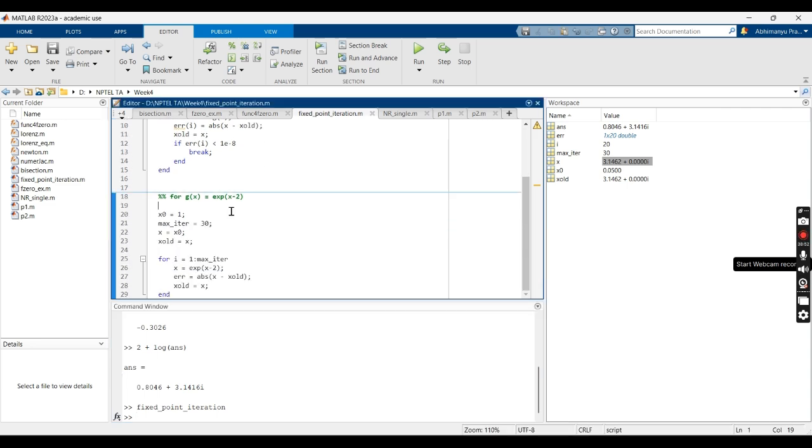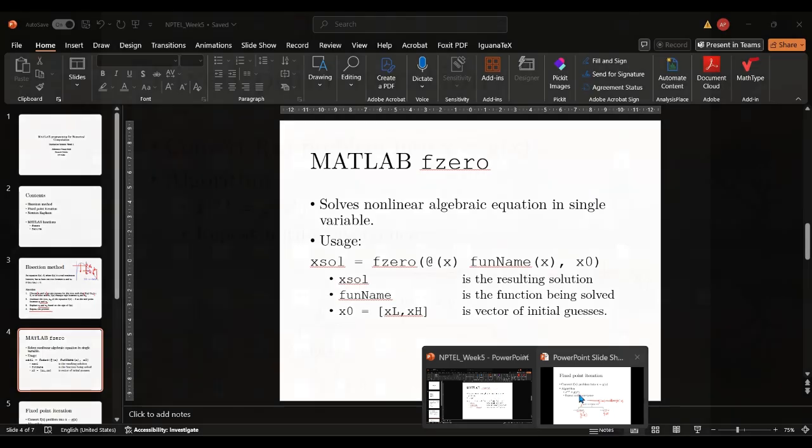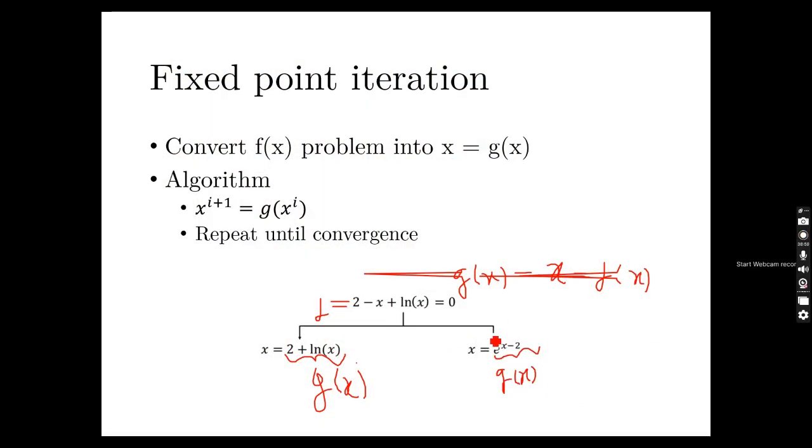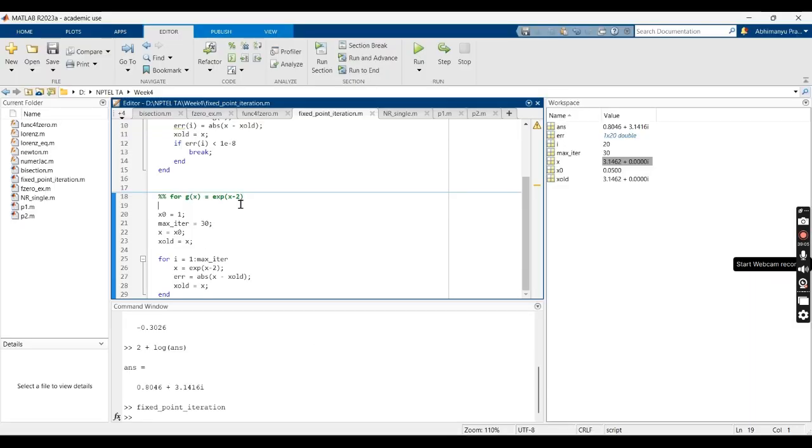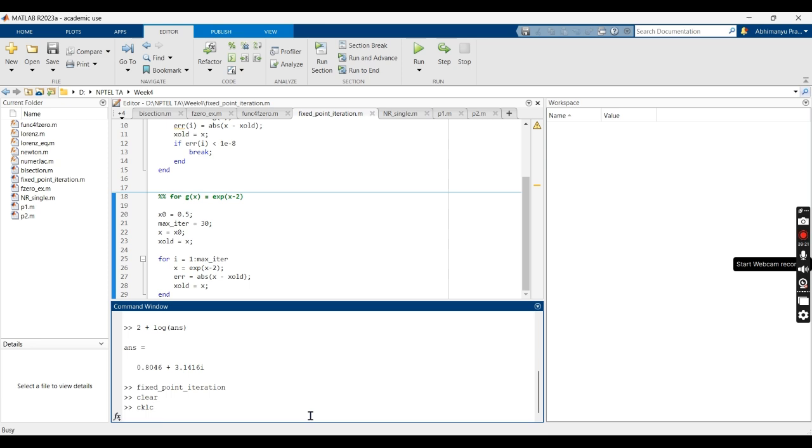On the other hand, if I take the other g(x), so we have gotten two g(x) from this, right? One is 2 plus ln x, and the other one is exponential of x minus 2. So if I take the next g(x), that is exponential of x minus 2, and evaluate this function with 0.5 initial condition, just let me clear the function space.